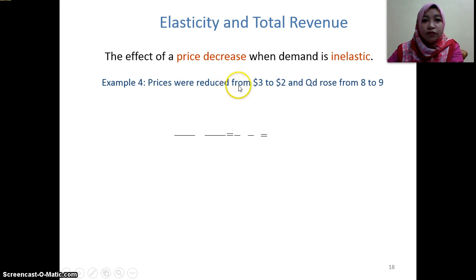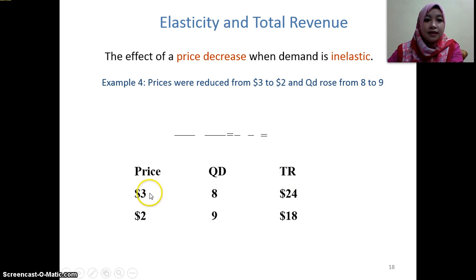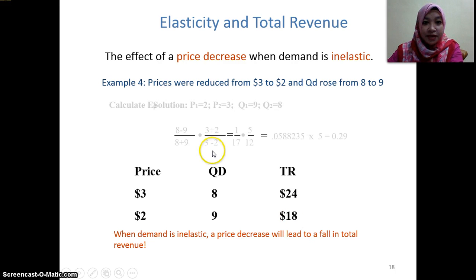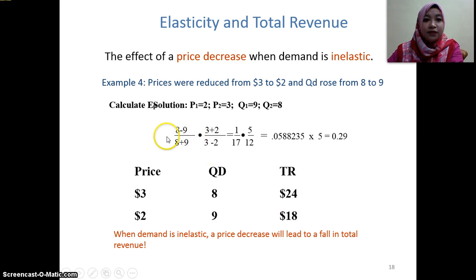Price reduced from 3 to 2 and quantity rose from 8 to 9. So your TR is, yes, 3 times 8, 24. Old price, new price is 2 times 9, it's 18. And how about EP? Yes, you get the answer. Your EP is 0.29.